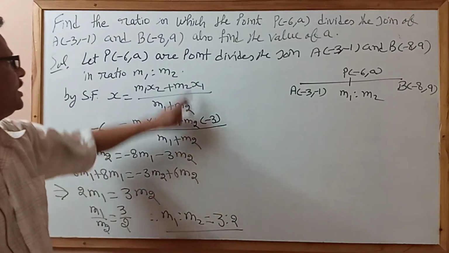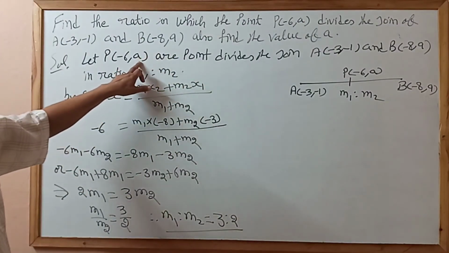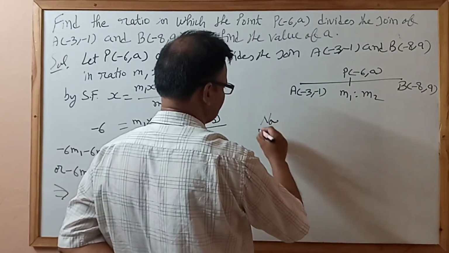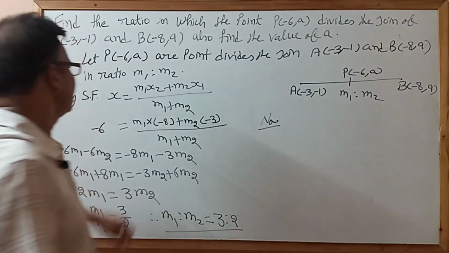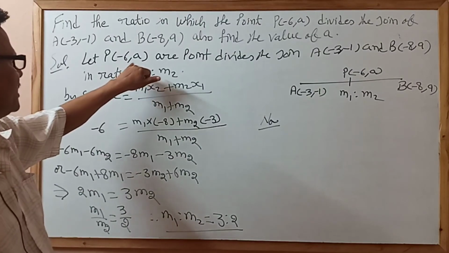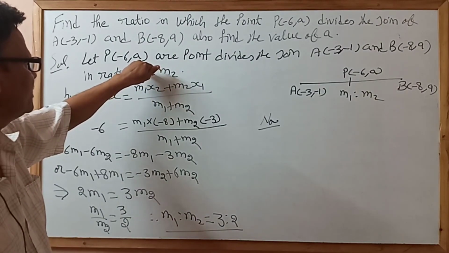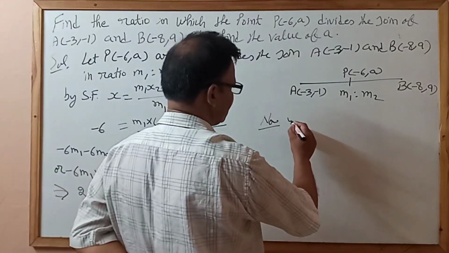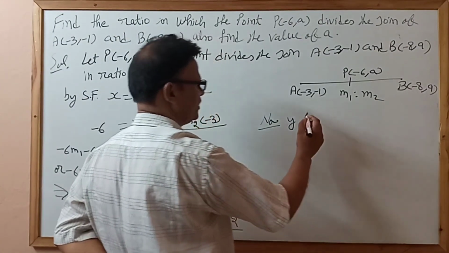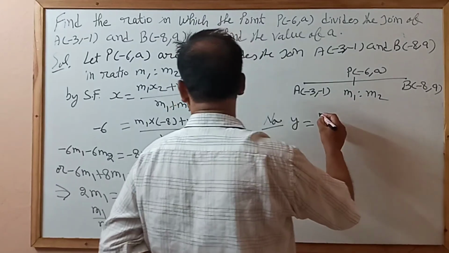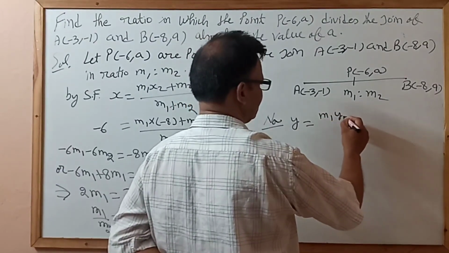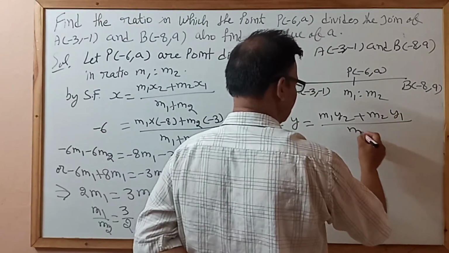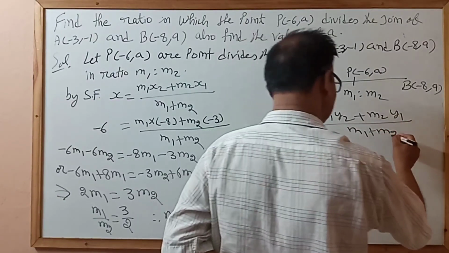Now we have to find the value of a. So now the value of a is in the coordinate at the place of y. So we have to find y by the section formula. y is equal to (m1 y2 + m2 y1) over (m1 + m2).